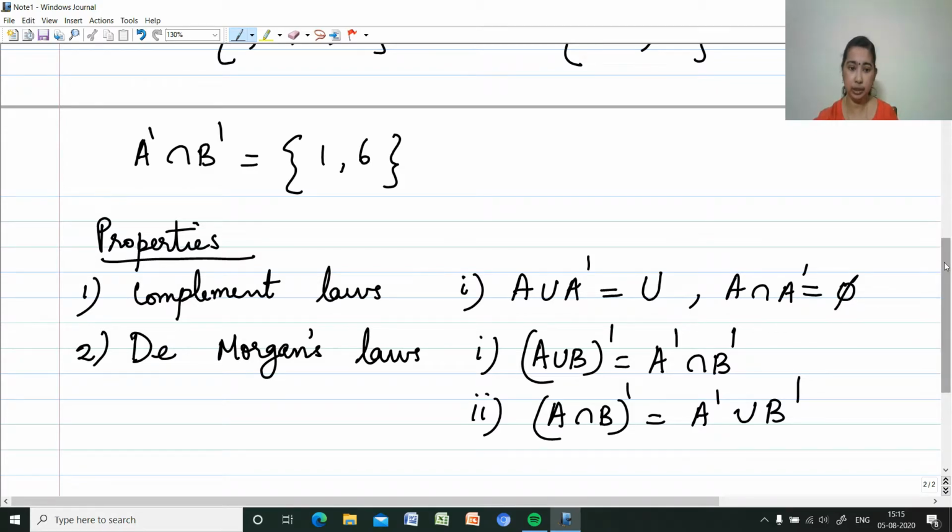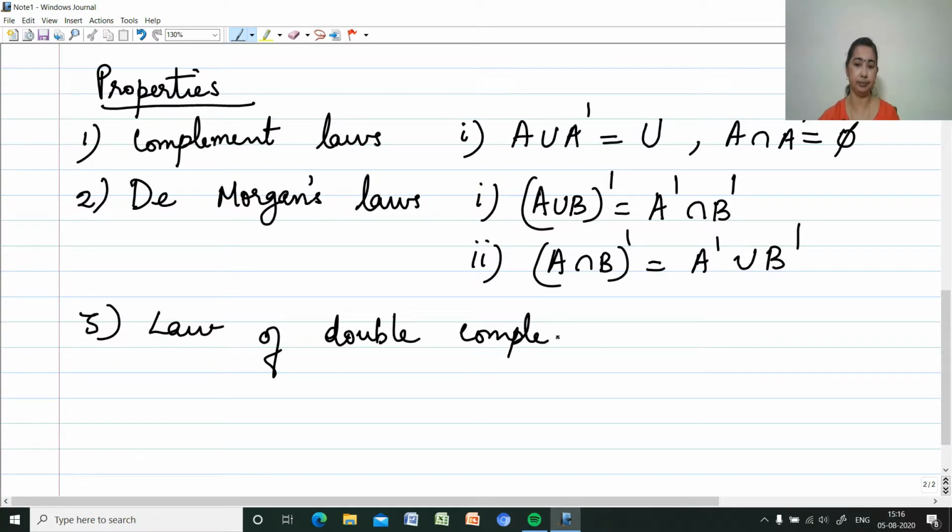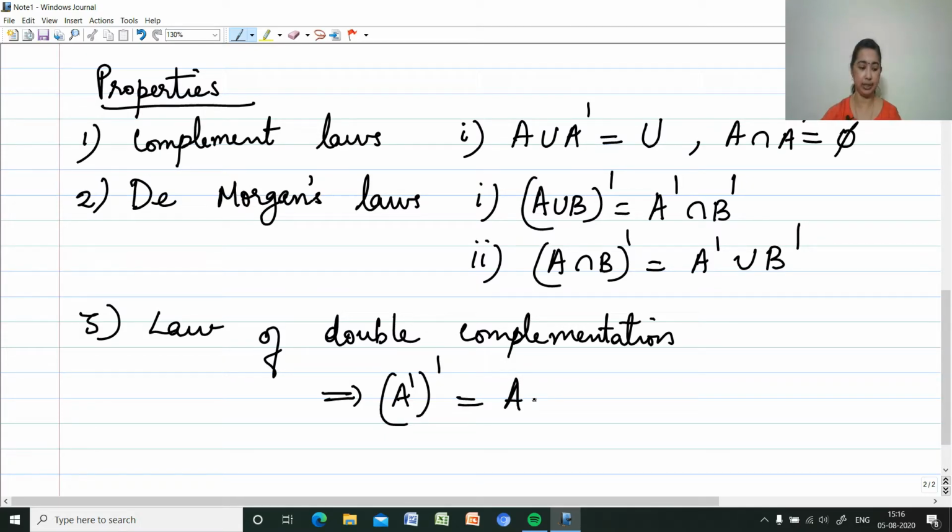Then the third property is the law of double complementation. That means A complement whole complement: if you take the complement twice, we get the same set. That's called the law of double complementation.